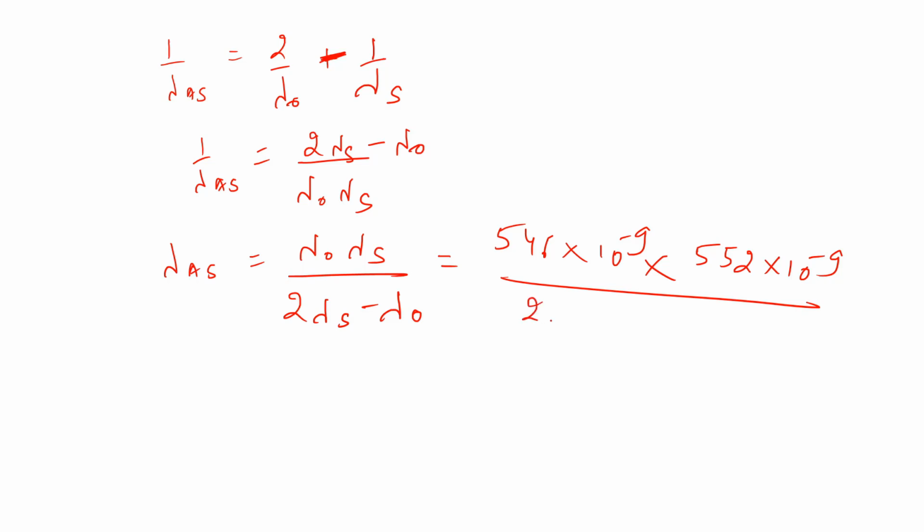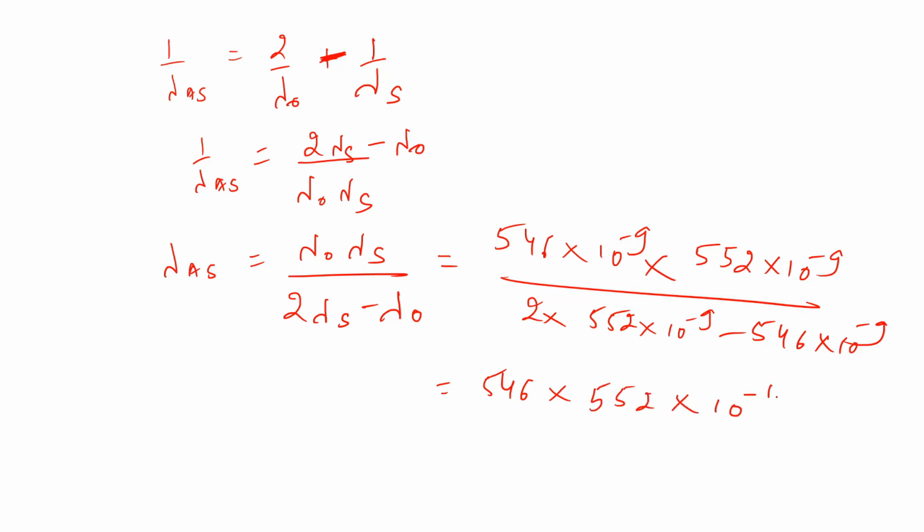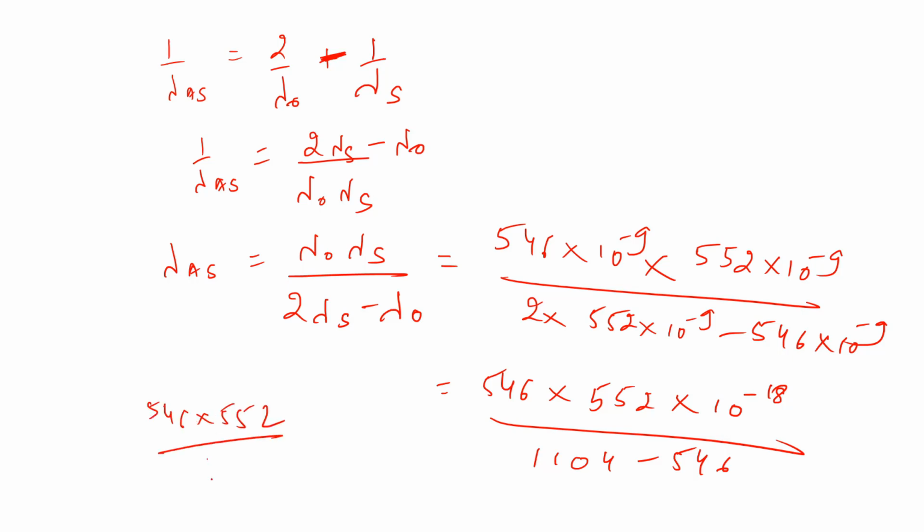So this is 552 into 10 raised to the power minus 9 minus 546 into 10 raised to the power minus 9. It is 546 times 552 into 10 raised to the power minus 18, divided by 1104 minus 546, which is 558, into 10 raised to the power minus 9.